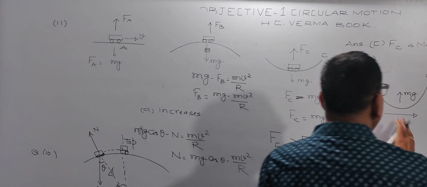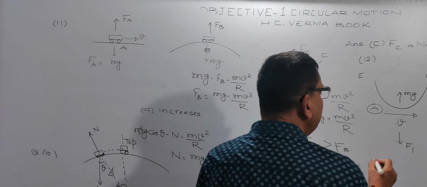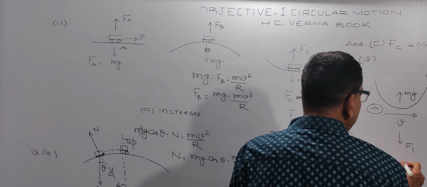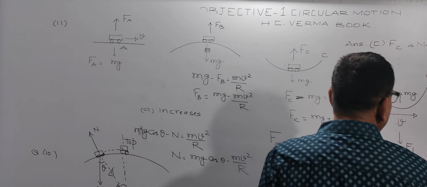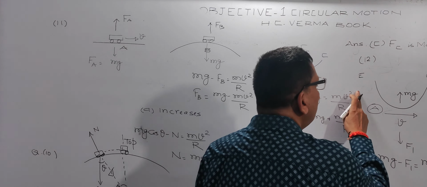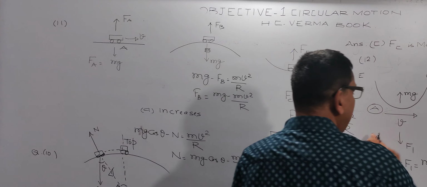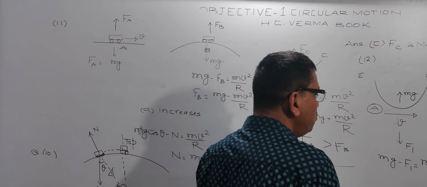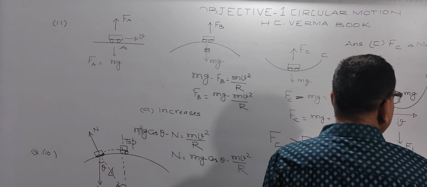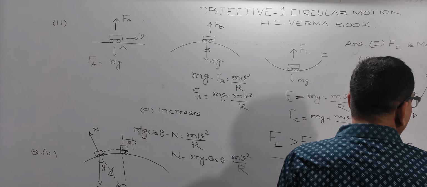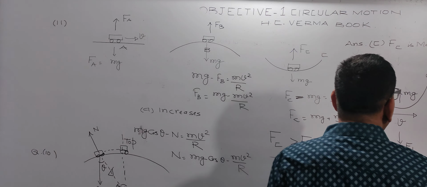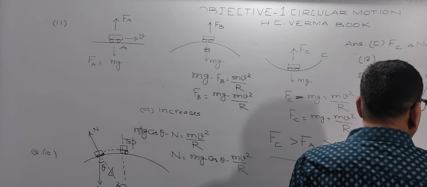Since mg minus F1 is m, now let us see, the train goes from east to west and the Earth rotates from west to east, so there is a difference. So I can say (V minus omega r) whole square, m, by r.